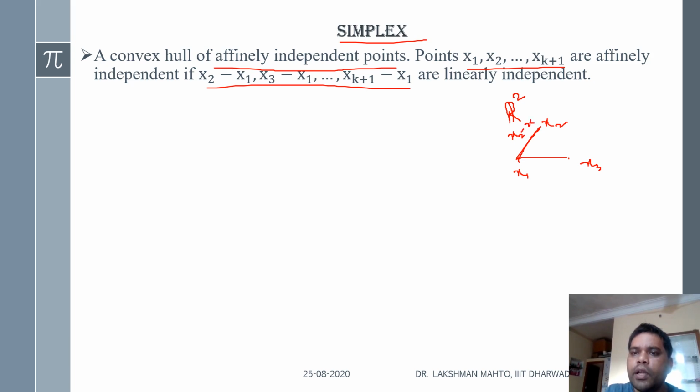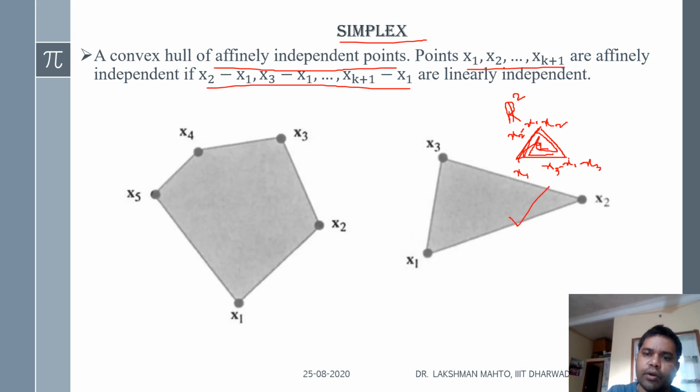So we have two position vectors at x1, and these two vectors happen to be linearly independent of each other. That's why any three non-collinear points in R2 define a collection of affinely independent points, and the corresponding convex hull of these points gives a simplex structure.